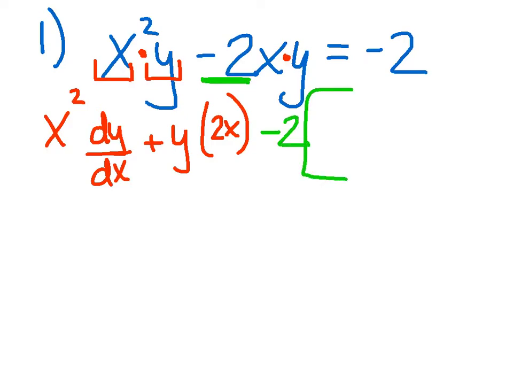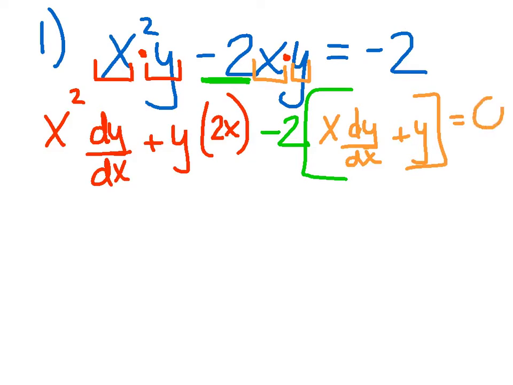And that's just a personal preference. I like to leave the constant out front and just do the product rule between the variables. So my product rule is between the x and the y. So I'm saying first derivative of the second plus the second derivative of the first. And then, of course, equals the derivative of negative 2 should be 0.